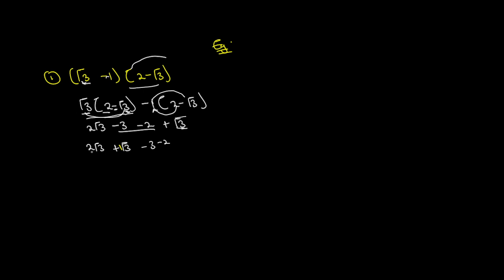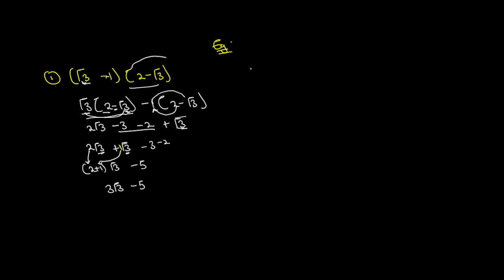So this is applying the rules of addition and subtraction of surds, right? Here we are adding surds. We can factorize the root of 3 out. So we have 2 plus 1, this 2 and then this 1, because we factorize the root of 3 out. And then what is minus 3 minus 2? Negative 5. So what's the final answer? 3 root 3 minus 5.